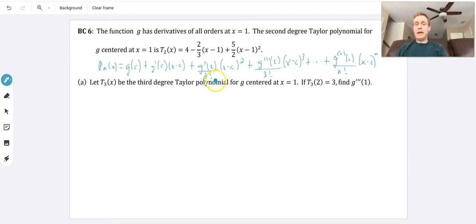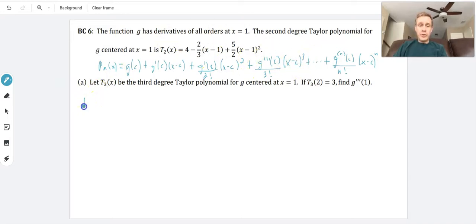The basic idea is that the respective derivative always goes with the same power of x, and that's always over the factorial. To get the third degree Taylor polynomial, that's not going to be too terrible because we can pretty much just work off of the second degree Taylor polynomial. The way this formula is structured, for our third degree Taylor polynomial we need everything up to x squared first, and then we add on the x to the third term.